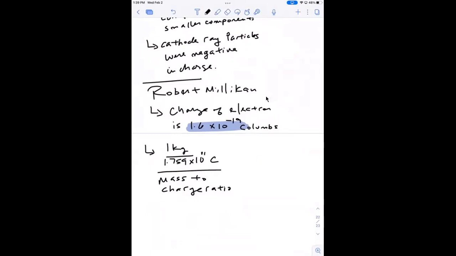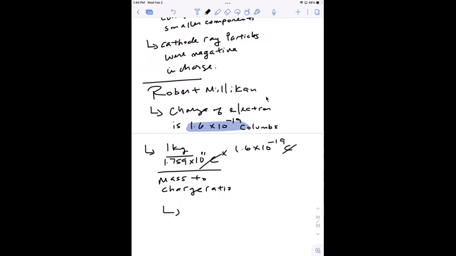If he knew that the mass to charge ratio for an electron was 1 kilogram to 1.759 times 10 to the 11 coulombs, he could take that and just multiply it by the 1.6. And the coulombs would cancel and he'd be left with kilograms.